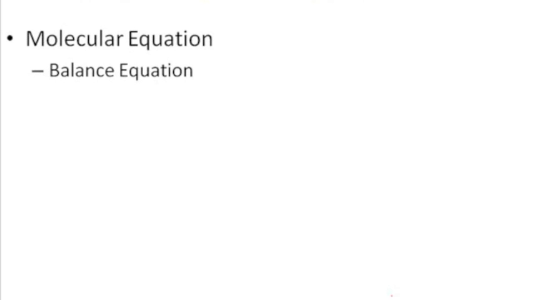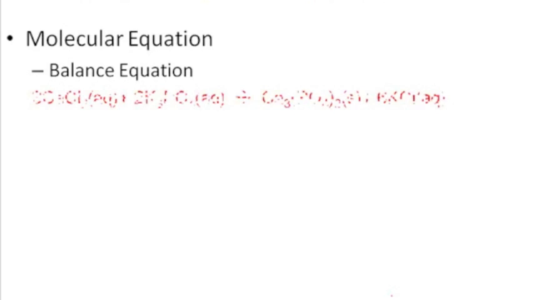Taking a look here, this is our equation, but it's completely unbalanced. So when we do a molecular equation, we have to balance it, and it looks like this. Notice the 3 and the 2 and the 6. You need to become more familiar with balancing equations because this is important now.